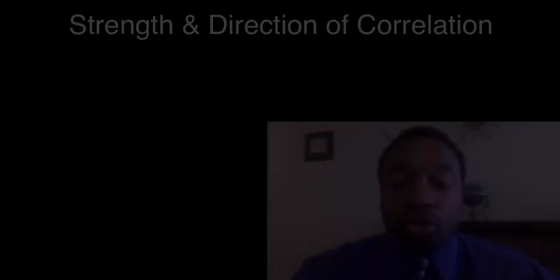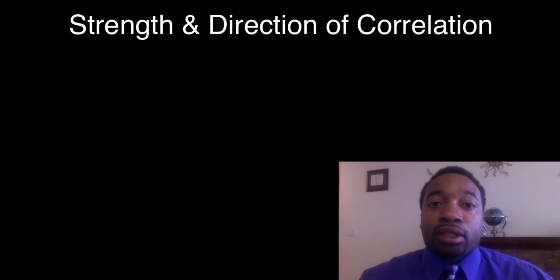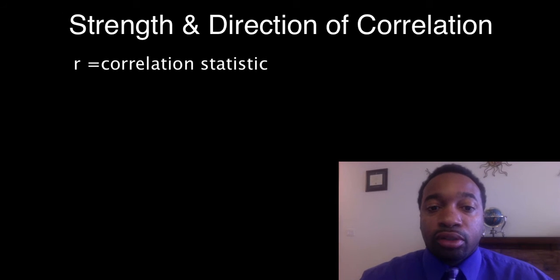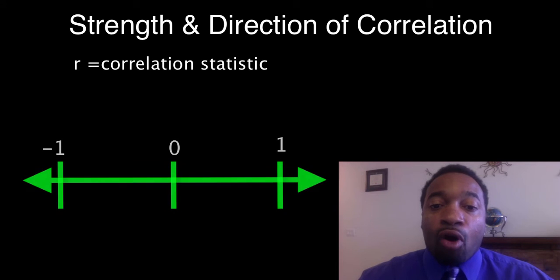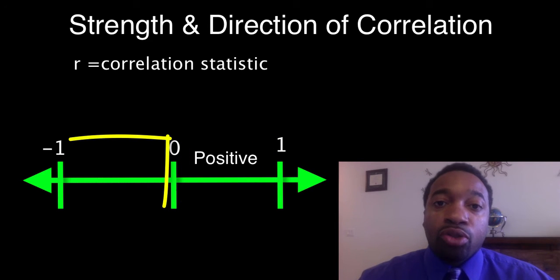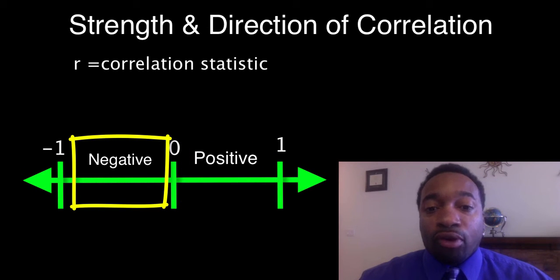So there's a statistic that can be calculated, which is called r, and that means correlation. So if r is above 0, it's considered a positive correlation. And if it's below 0, it's considered a negative correlation.